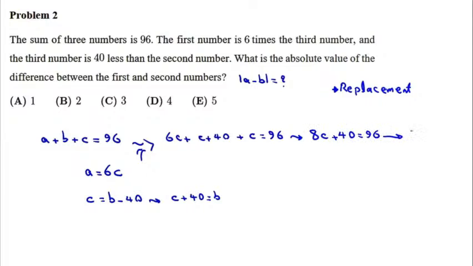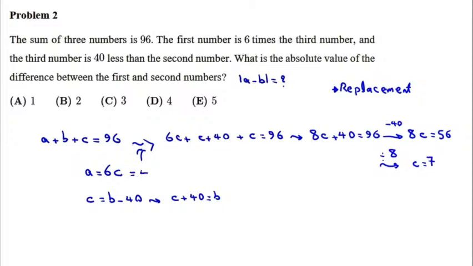If you subtract 40 from both sides, 8C will be 56. Now, if we divide both sides by 8, because we have 8C, C will be 7.